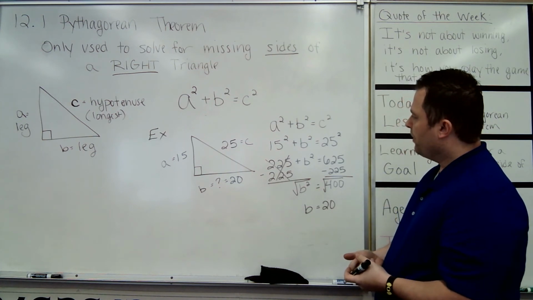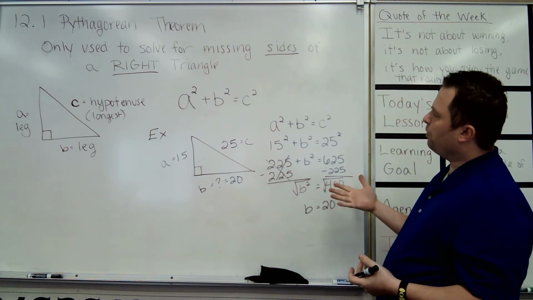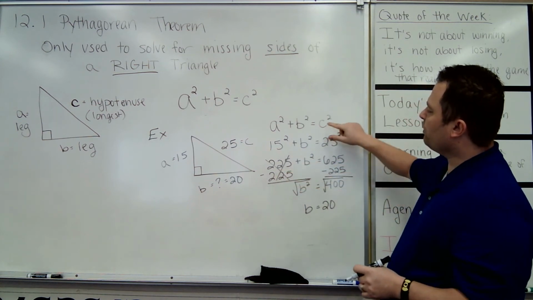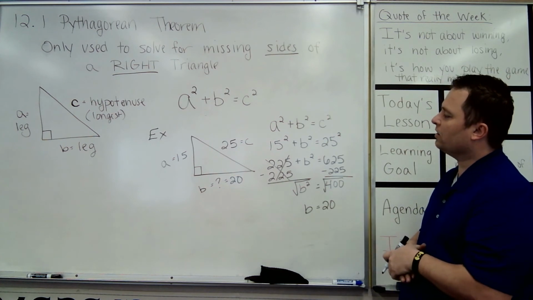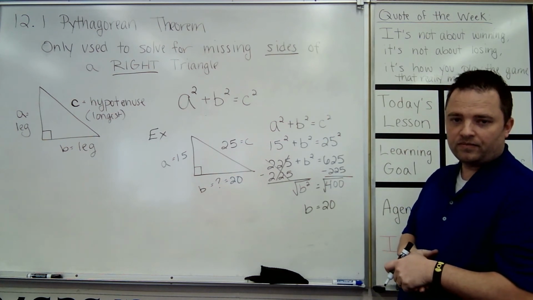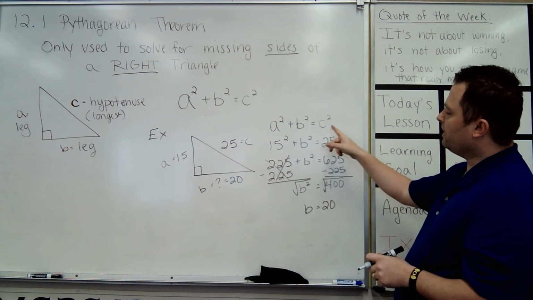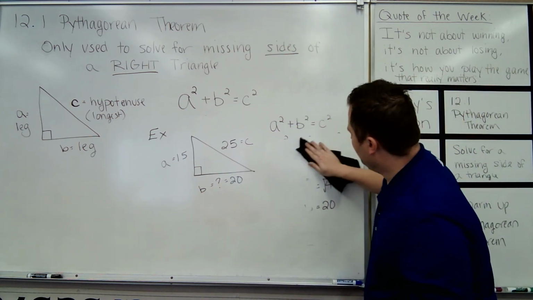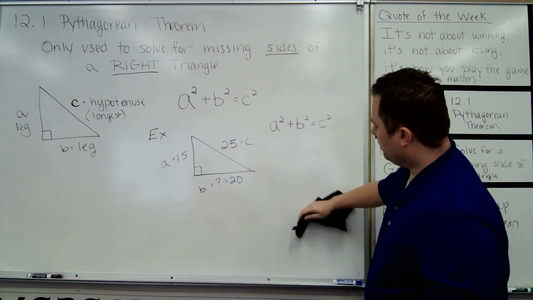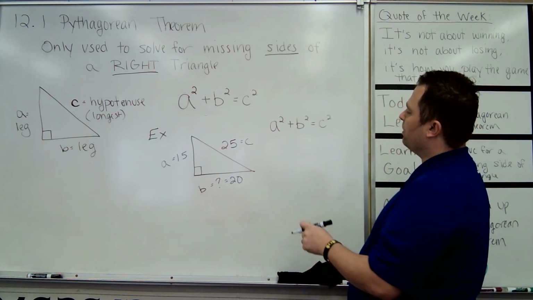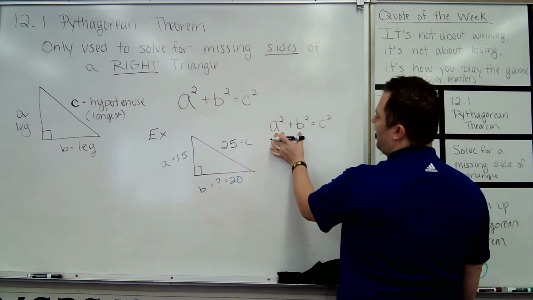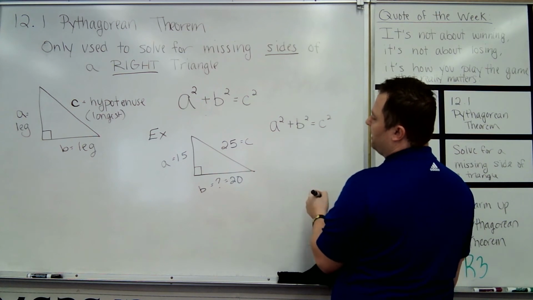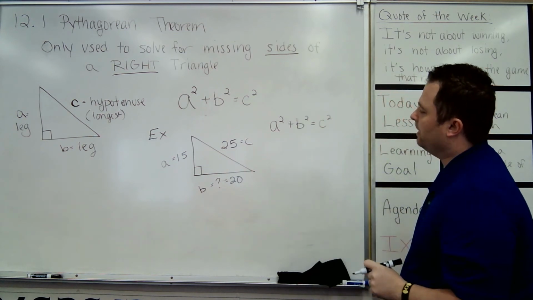Okay? There is one other way, which I do want to point out, of solving. Instead of this equation, we can rewrite the original equation to make our life a little bit easier. If we know that we're going to be missing one of the a's or the b's, we could simply subtract it in the beginning and leave everything on one side.